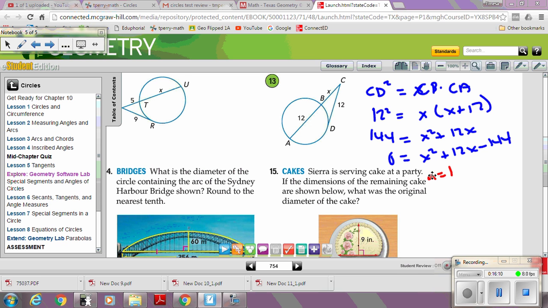A is 1, B is 12, C is negative 144. So again, the quadratic formula, x is equal to opposite b plus or minus square root b squared minus 4ac all over 2a. So let's get our parentheses ready.